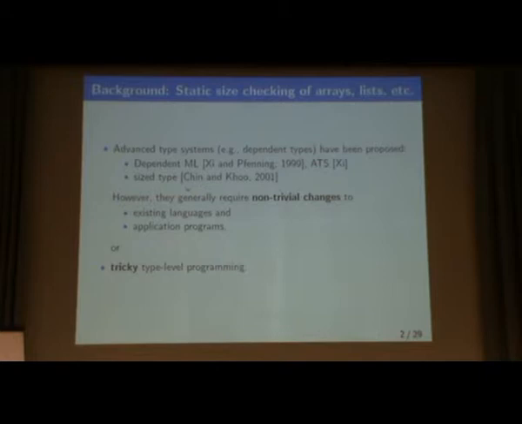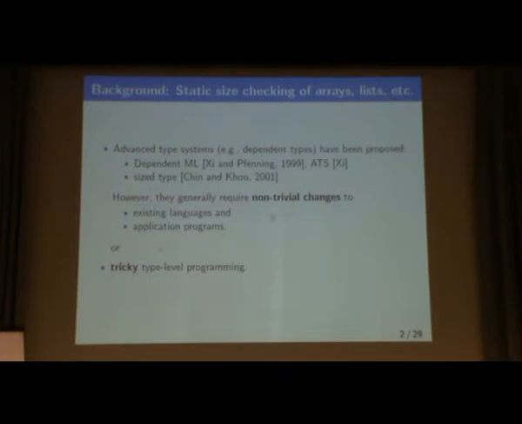So the background of this work is a very popular motivation. We want to statically check the consistency of sizes, in particular in matrix and linear algebra computations. And of course, there's tons of work on that topic, like dependent types, like dependent ML and ATS, and sized types.